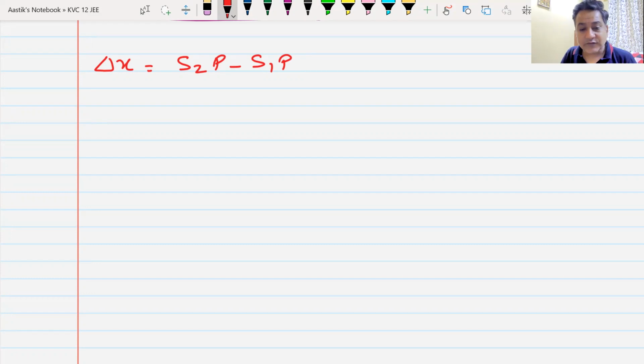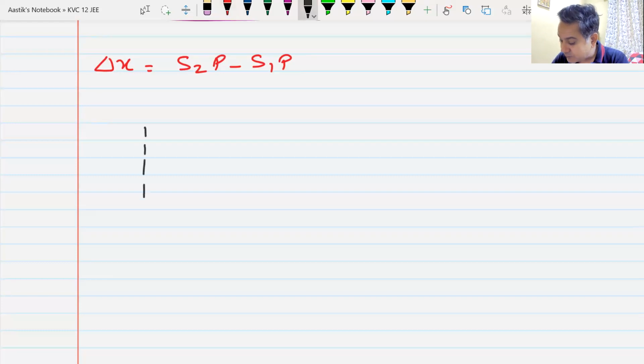Now, if we understand this, we just have to find out the value of S2P minus S1P. And how are we going to do that? We are going to do it by approximation.